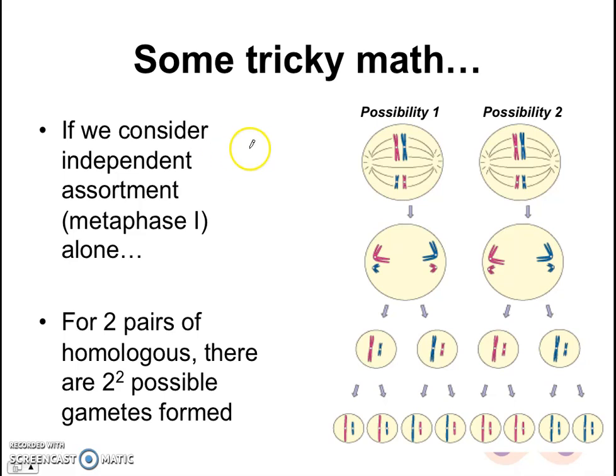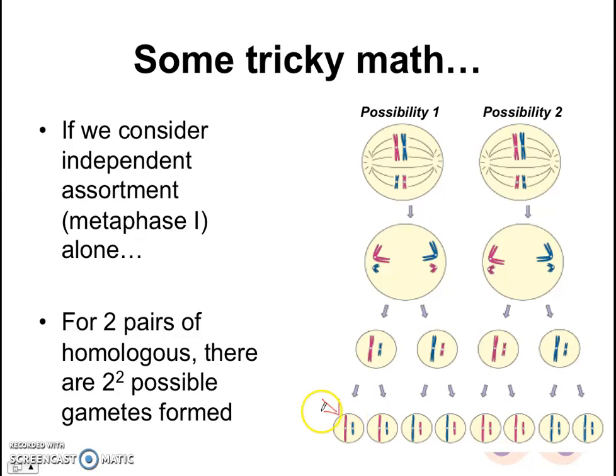You see, if you just consider independent assortment alone, if let's say I have two pairs of homologous chromosomes, okay, so one pair here, right? Actually, there's already 2 to the power of 2 possible gametes formed, right? So if you take a look here, this is possibility 1, where red, blue goes to one side and blue, red goes to the other side. We get this kind of gamete here.